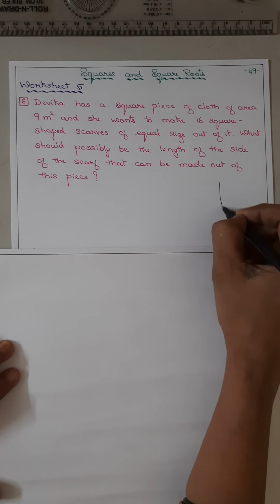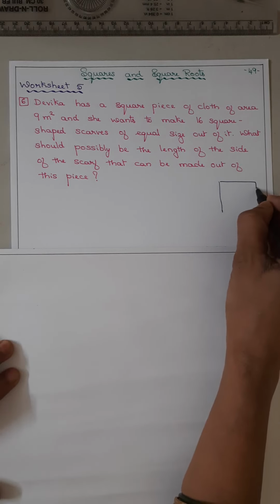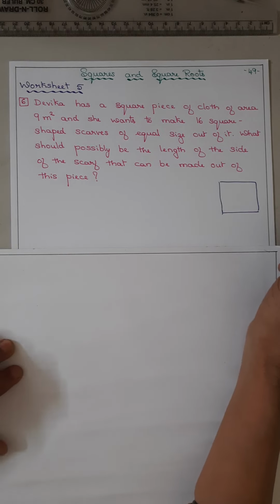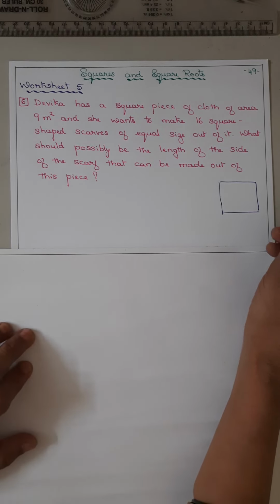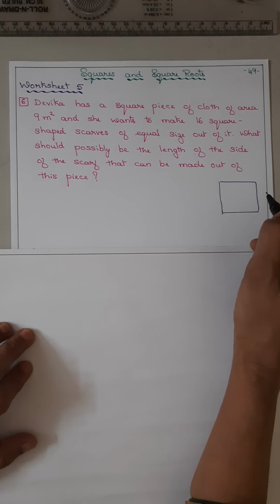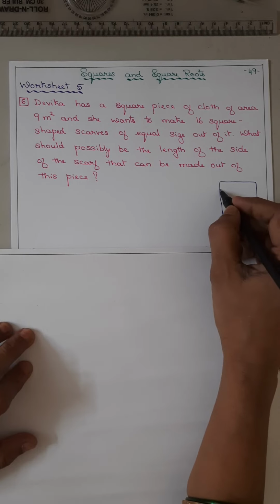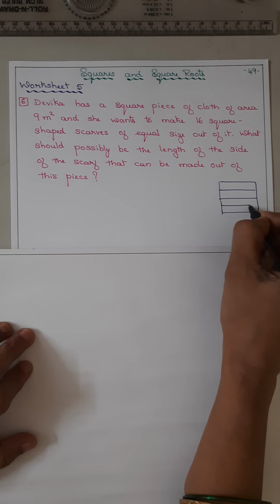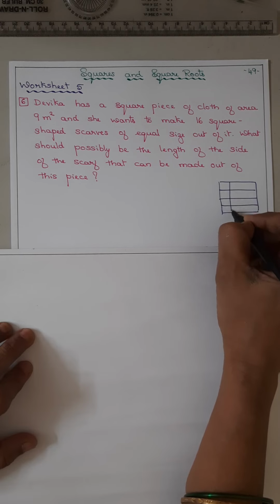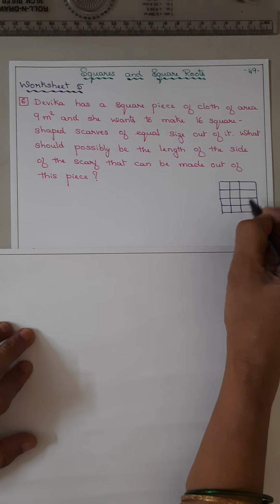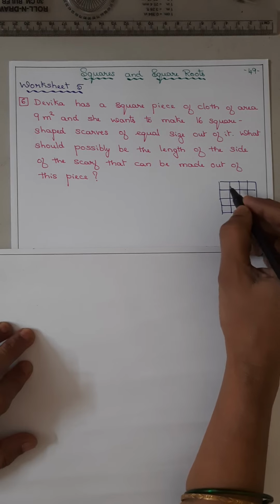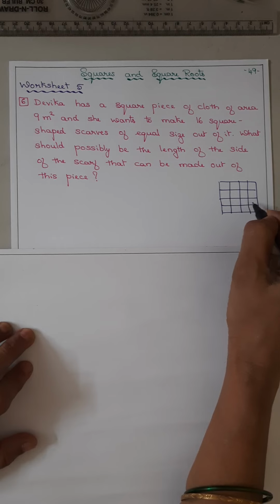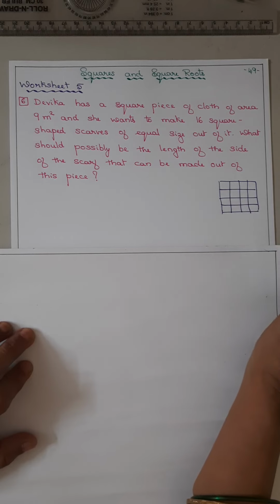So she has one big square piece of cloth, and now she wants to make it into 16 squares, meaning 1, 2, 3, 4, 5, 6, 7, 8, 9, 10, 11, 12, 13, 14, 15, 16.